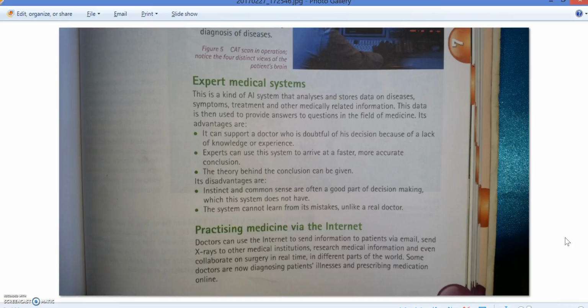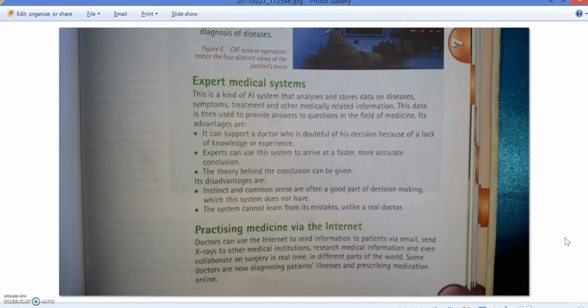Then we have something that could be a little bit controversial: practicing medicine via the internet. Now, if doctors use the internet to send information to patients via email, to send information like x-rays to other institutions for research, or even, this really interesting one, collaborate on surgery in real time, that's all well and good.